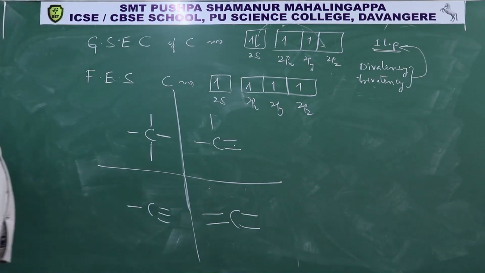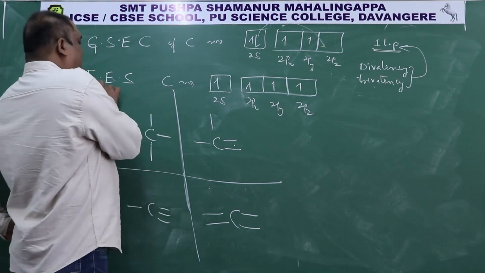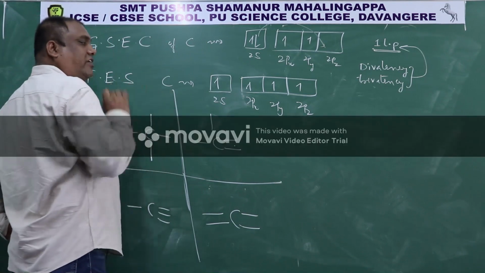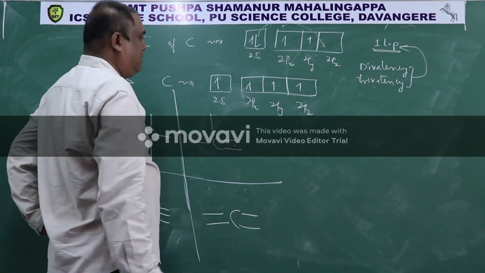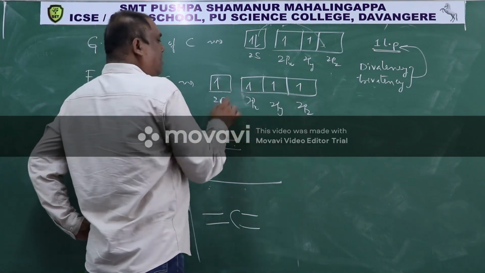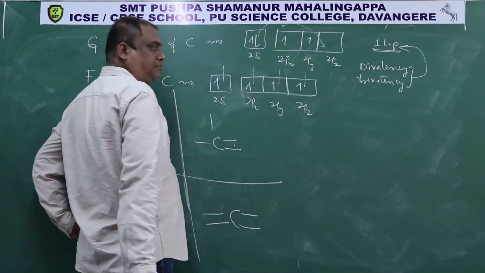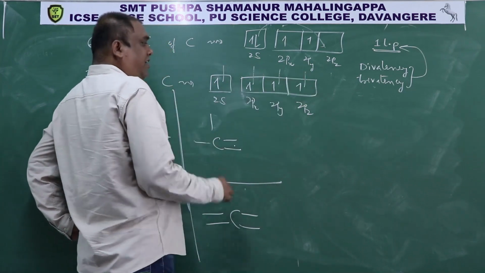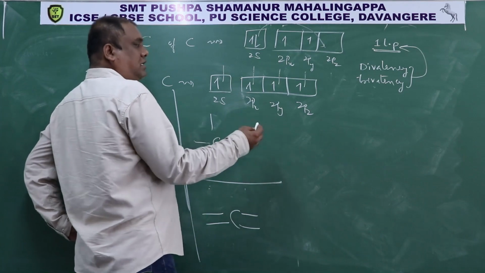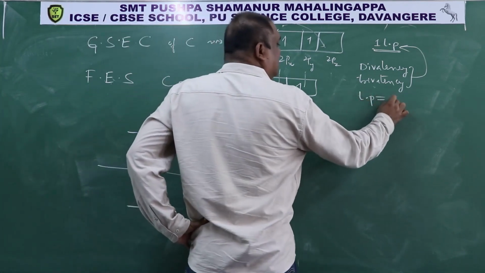Now, when carbon uses first excited state electronic configuration for bonding, then that carbon has 4 half-filled orbitals. With the 4 half-filled orbitals, it will form 4 bonds. When carbon forms 4 bonds, then lone pairs will be how many? 0.